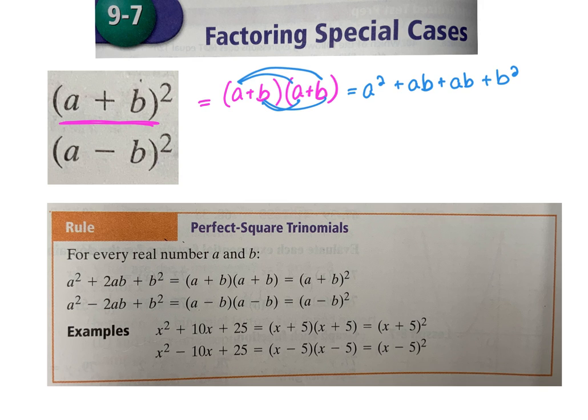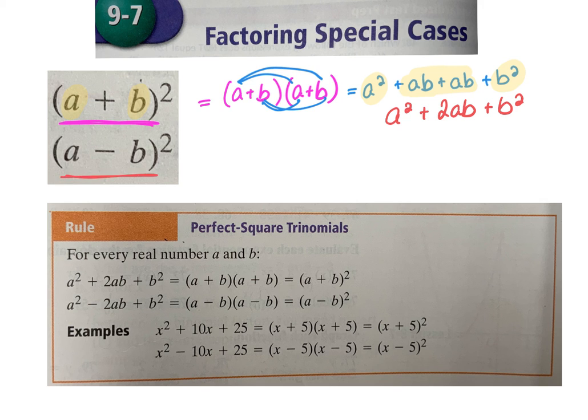And so what actually ends up happening is you square the first one, that's your A squared. You square the last one, that's your B squared. And your middle term ends up being the two multiplied together and doubled. So your final answer here looks like this: A squared plus 2AB plus B squared. And that was your special case.